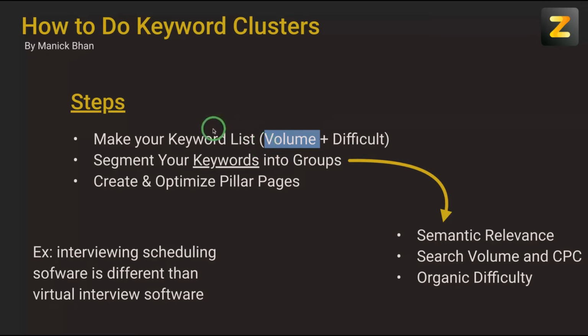And also, it may be relevant for you to take care of the CPC. That's why there's the CPC on the SEO tool, because if a keyword has a higher CPC, it means something.